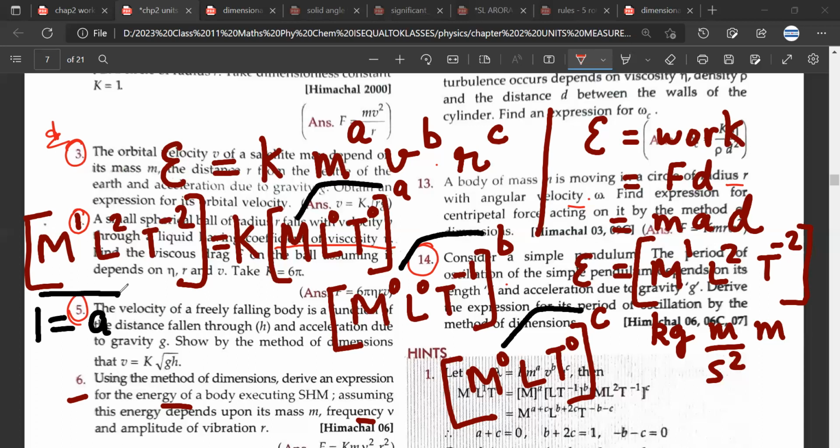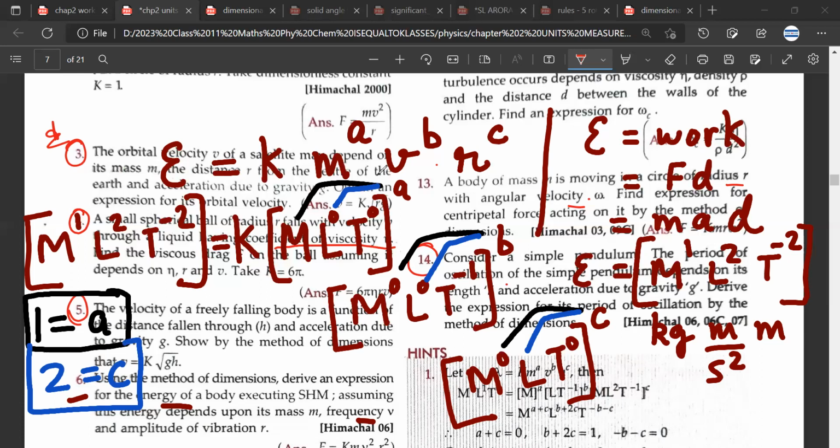So my a is 1. Are we clear? Now let me make an equation out of the length. So length 2 is equal to, see, this is 0, this is 0, and this is c. So my c is equal to 2. Are we clear? Mr. Rudra, do you understand? Yes.